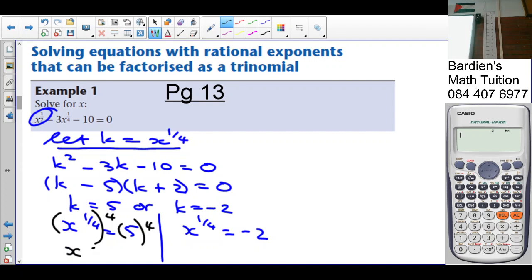So x is equal to, what is 5 to the exponent 4? 625. Again, since the denominator is even, this number must be positive. Is the number positive? No. So no solution on that branch. You guys understand? Any confusion?